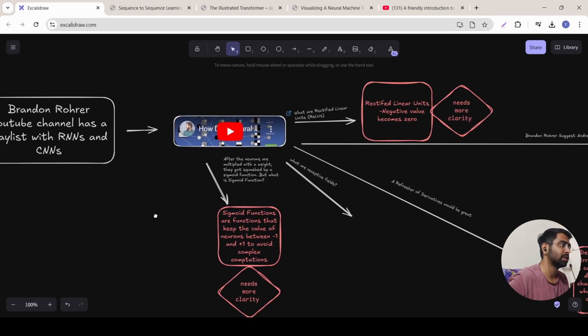This is the video that we have watched about how neural networks actually work. So transformers, then sequence to sequence models, then RNNs, then CNNs, and then DNN. DNN means deep neural networks, that is, neural networks.